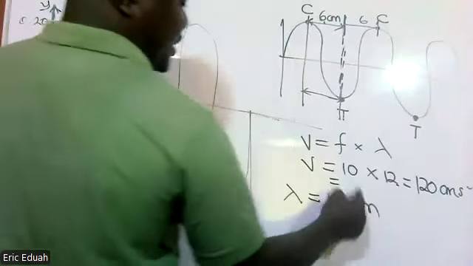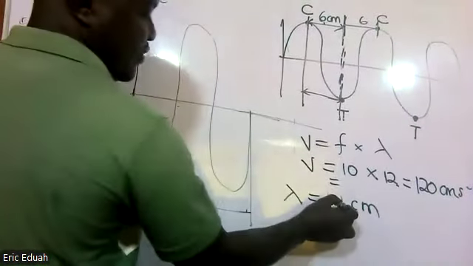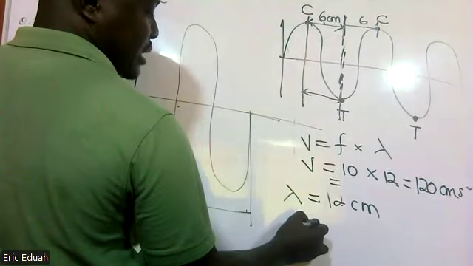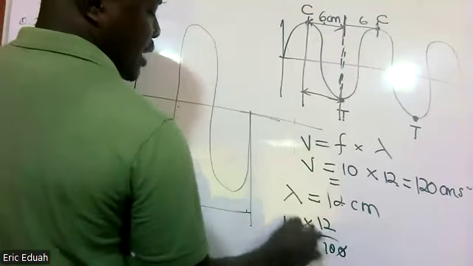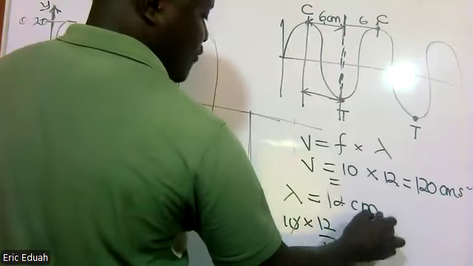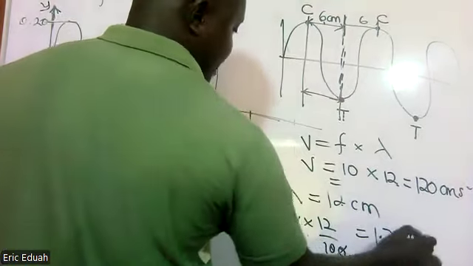Or if we change centimeters to meters by dividing by 100, so 10 times 12 divided by 100, we'll have 1.2 meters per second.